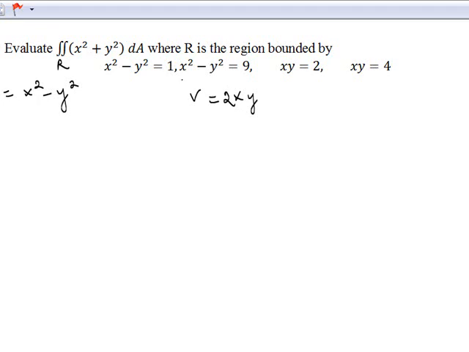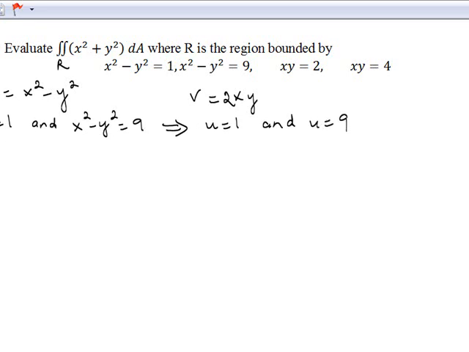So what is the new region going to be? X squared minus y squared equals 1 and x squared minus y squared equals 9 becomes u equals 1 and u equals 9.